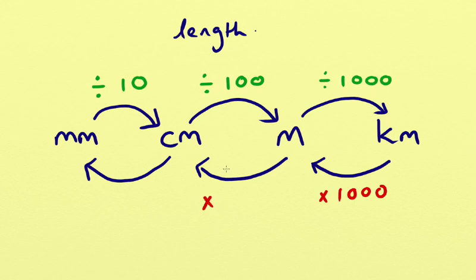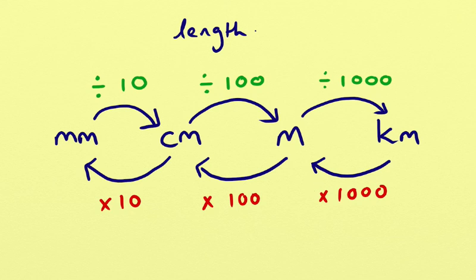To get from metres to centimetres, we'd times by 100, and from centimetres to millimetres, we would times by 10. So that is the simple diagram we're going to try and remember to help us convert from millimetres to centimetres to metres to kilometres, and vice versa. We can use this diagram to convert between any of those measurements.